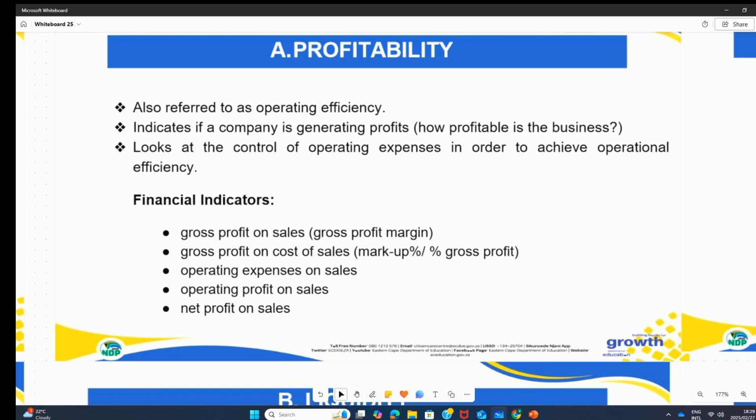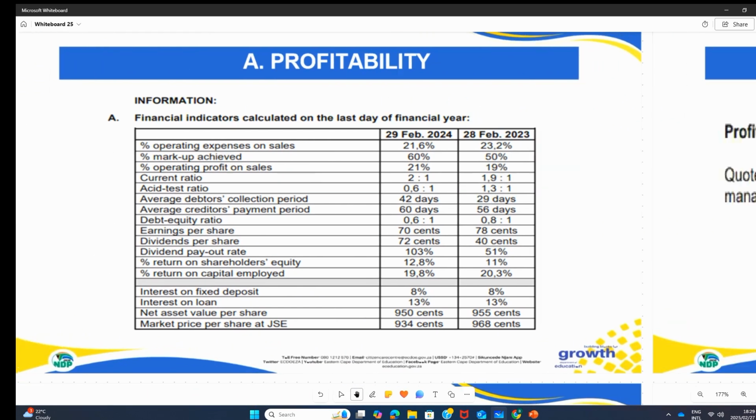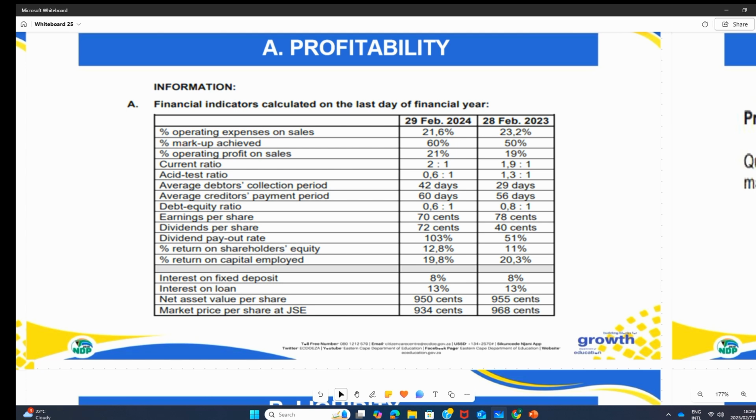Meaning that when we look at the information that we are given, we need to see if we recognize any of those financial indicators in this information. When we look, the first three financial indicators are part of profitability. But remember, markup achieved, we cannot use it in our answer. As I've stated, that financial indicator is a pricing policy indicator. The business is the one that states how much markup they want to achieve.